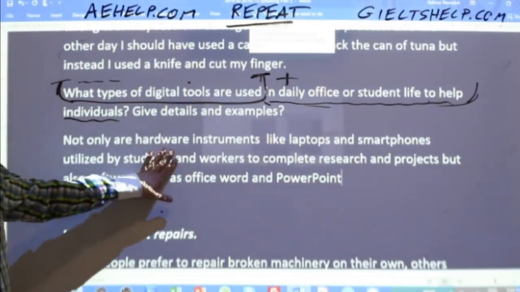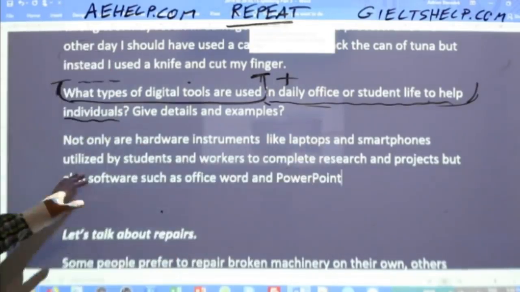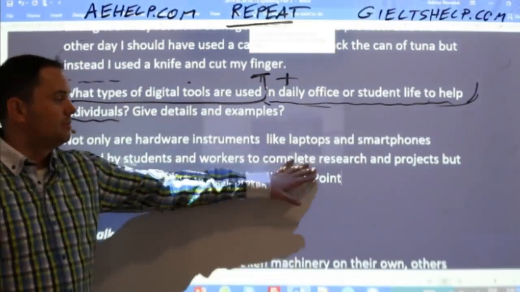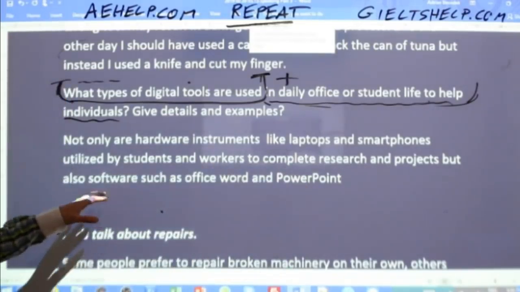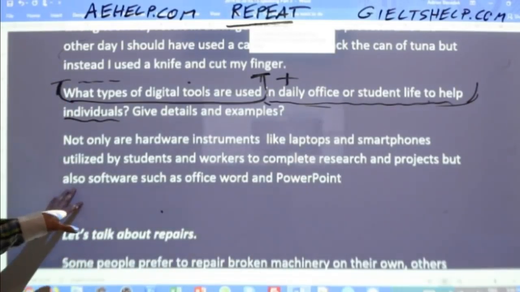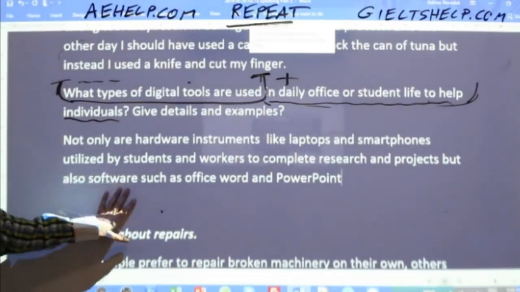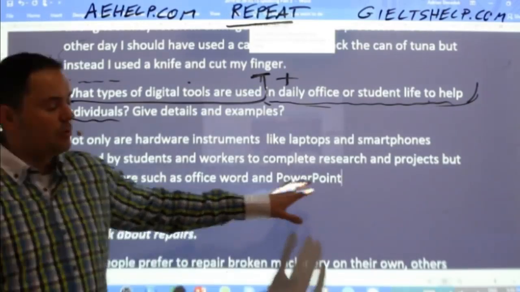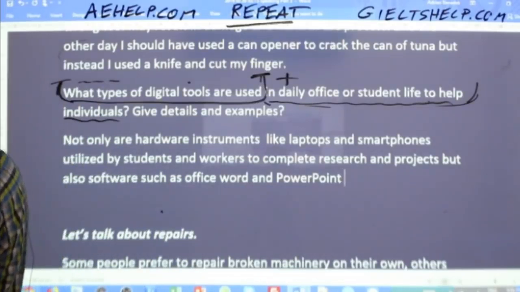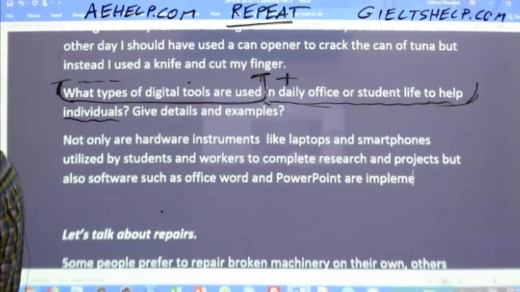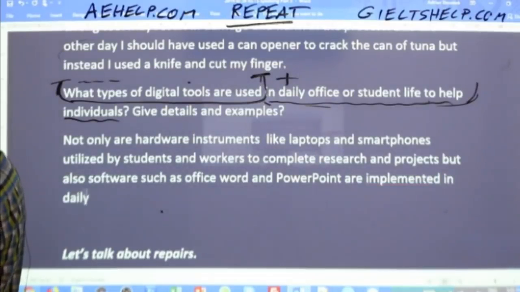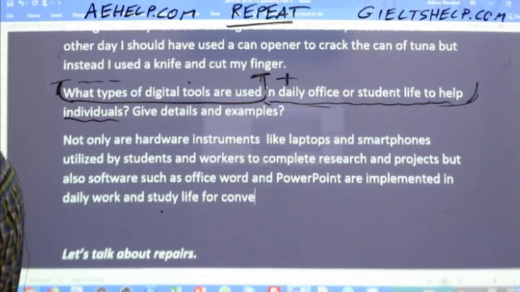Not only are hardware instruments like laptops and smartphones utilized by students and workers to complete research and projects, but also software such as Office, Word, and PowerPoint are implemented in daily work and study life for conveying information.